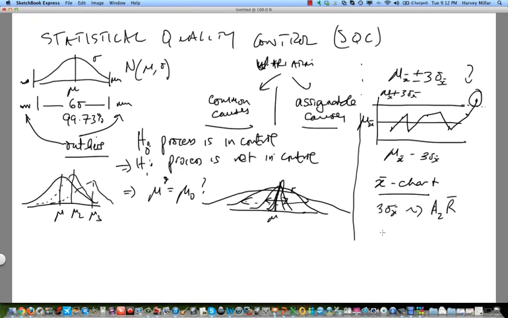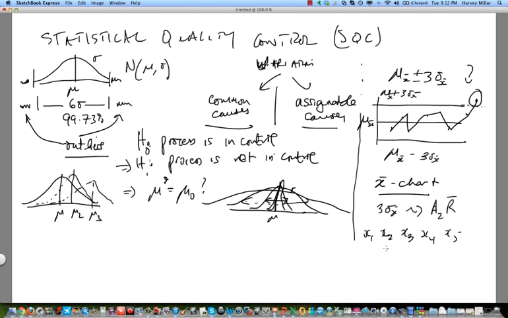Because typically we would take samples of data at specific points in time, and each sample would have a number of observations in it. For example, let's take a look at one sample. If we had a sample taken at a given point in time and it had 5 values in it, x1, x2, x3, x4, x5.